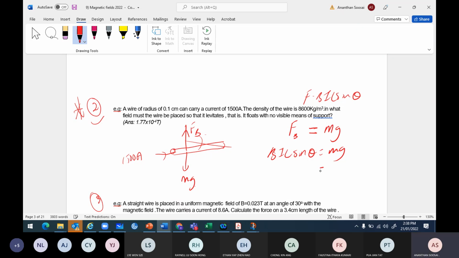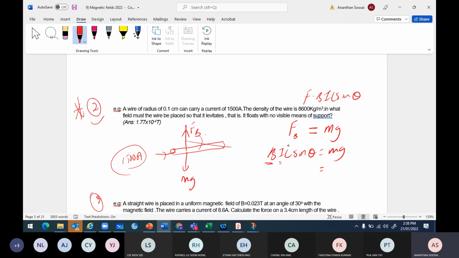So now the question is, what field can levitate the wire? They want the B. So do you have all the information? Do you have current? Yes, 1500. L, do you know the length of the wire? Length of the wire is not given.